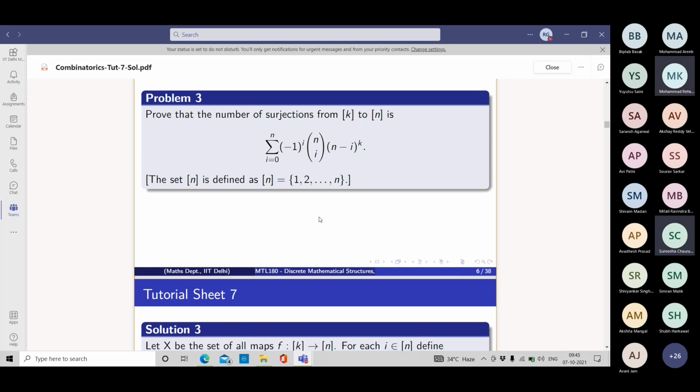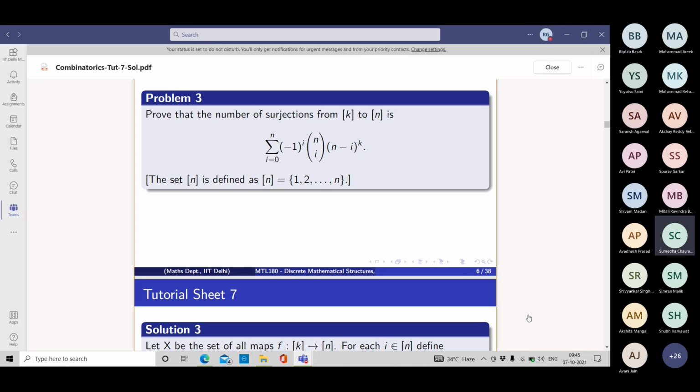So in this problem 3, do we need to write the solution in this way, making a set of this and this? I did not get your question. Raju, did you understand what he is saying?